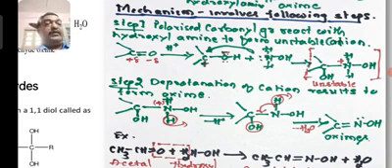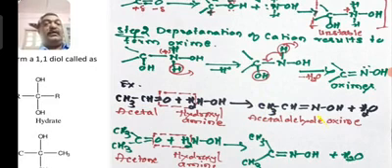So this is the mechanism for addition of hydroxylamine to a carbonyl compound. Please note that such a mechanism may be asked in the examination, so you can take either an aldehyde or ketone and explain in the same manner. Now I have given an example. What happens when acetaldehyde is treated with hydroxylamine?